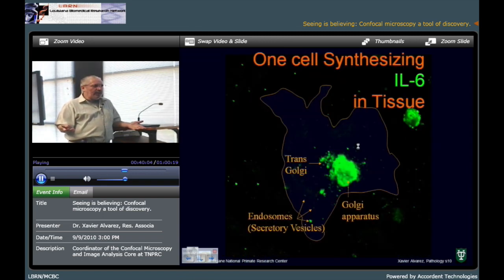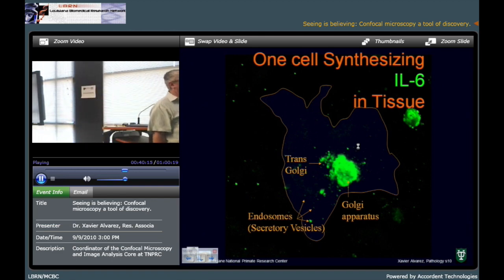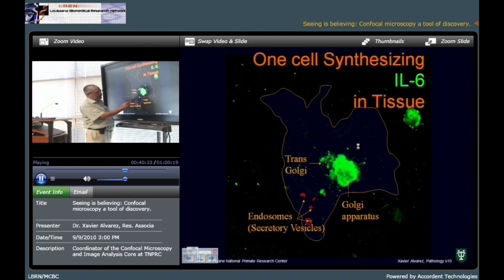This I put in to show you the kind of resolution. Unfortunately, the movie we could see later on, but this is one cell that is synthesizing IL-6, okay? And you can see all these little things, the endosomes, okay? And all this is the Golgi, okay?